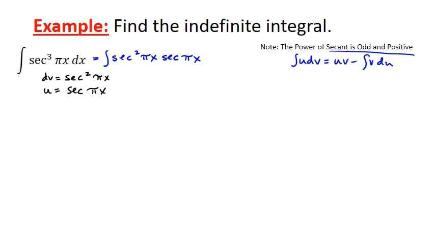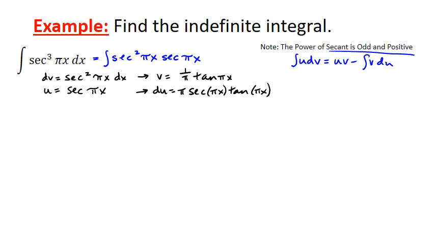So from our previous lesson, oops, this should have a dx, we should be able to find v and du. So here, if this is the derivative, you should know that the integral of this is 1 over pi tangent of pi x. If you don't know that, refer back to your rules of integration. The derivative of this then is pi times secant tangent of pi x.